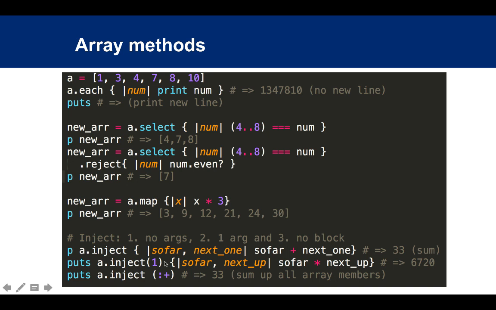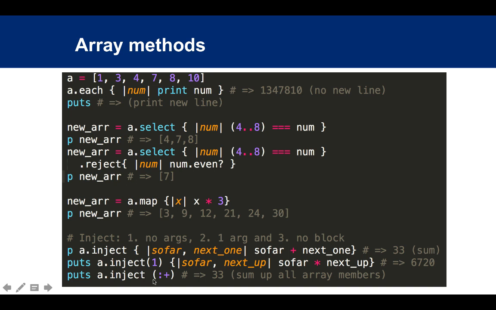Or you could have an inject with a 1, and this is basically your initial value. Your initial value is 1, and then inside your block, you're going to have 1 times, in this case, happens to be 1, 3, 4, 7. So you are multiplying by the next element.